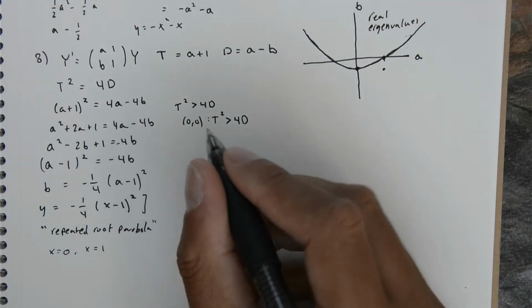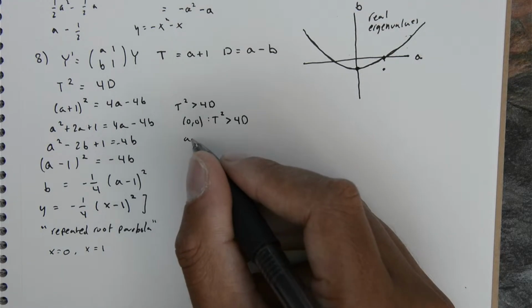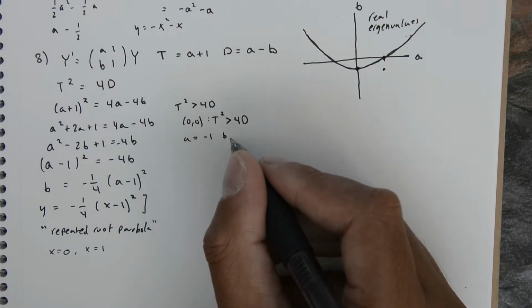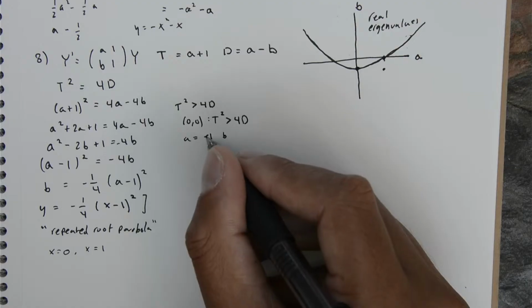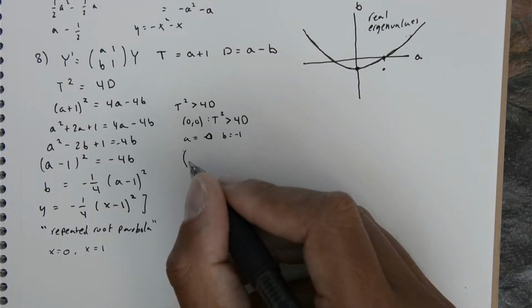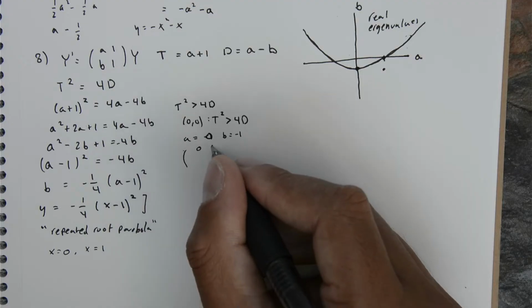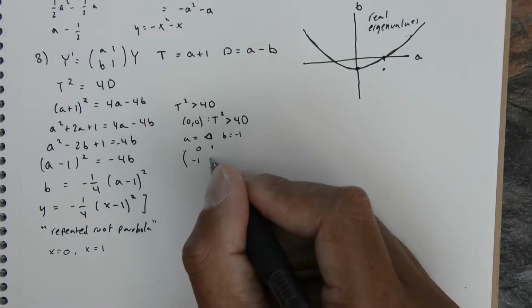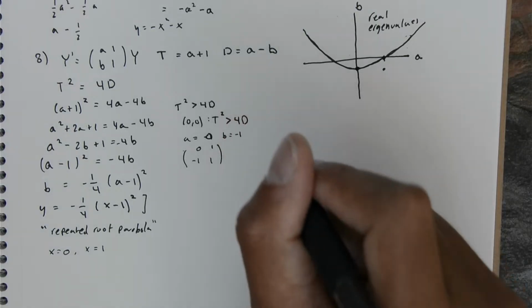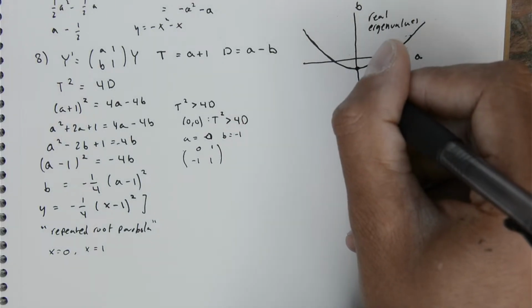a equal to -1, b equal to, or no, a equal to 0, b equal to -1. Then our matrix is going to be 0, 1, -1, 1. Which gives us, so that's going to be this point.